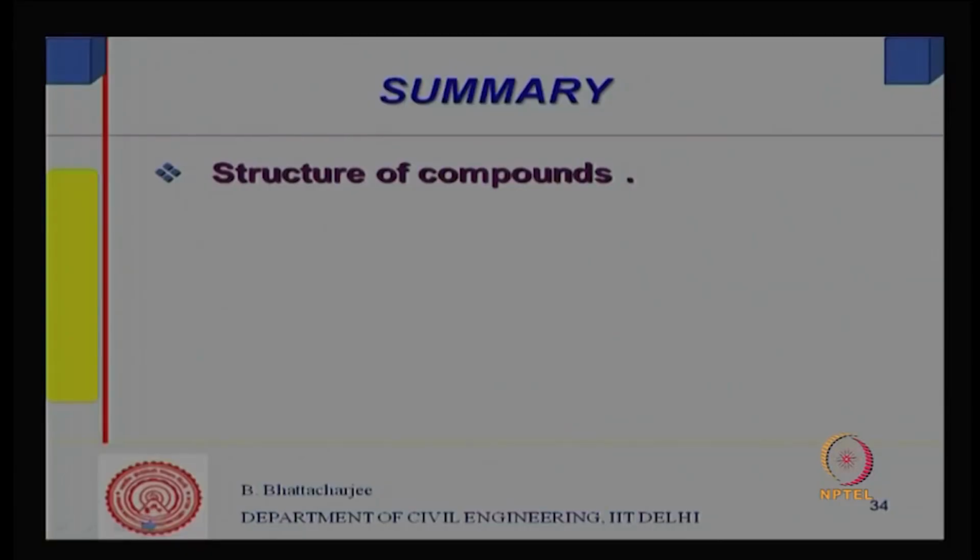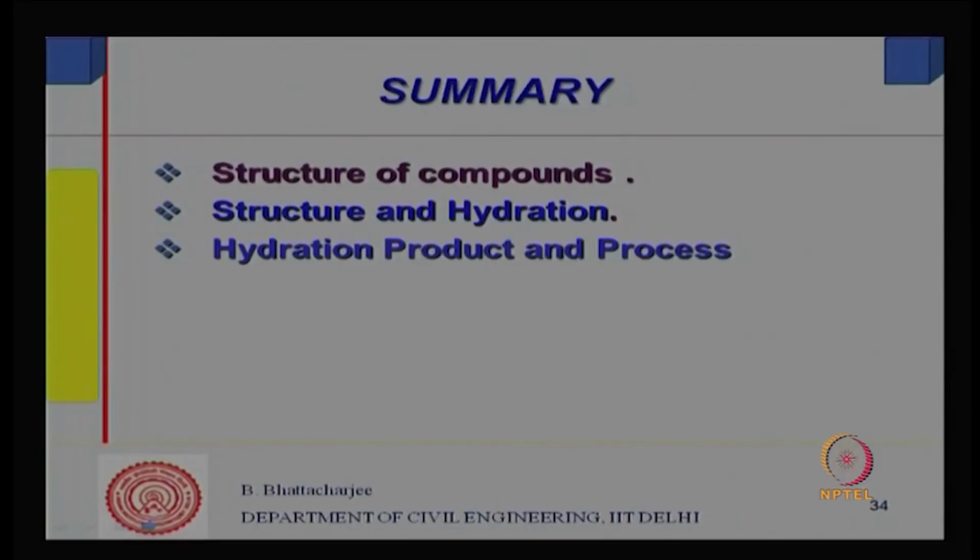Summarizing for today's discussion, we have looked into the structure of compounds, the structure and hydration process, and somewhat into the hydration product and the processes involved, and we have also introduced bonding action. First, we looked into the structure of the cement compounds, and one thing we identified is that they are large anions with small cations.